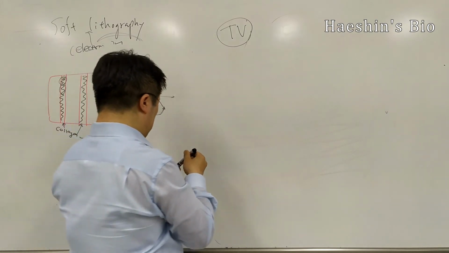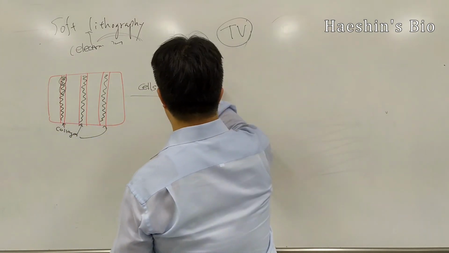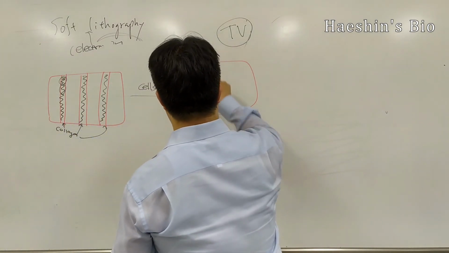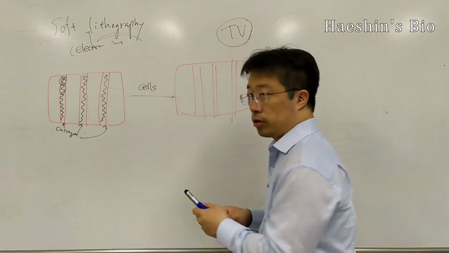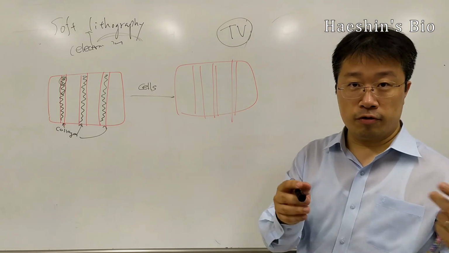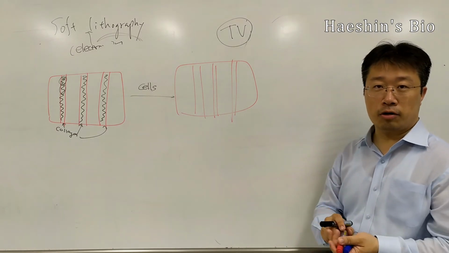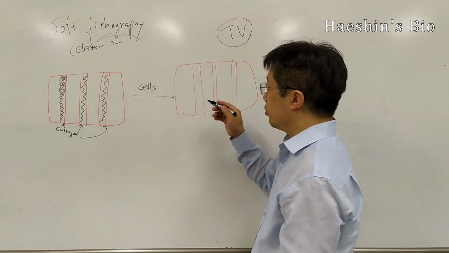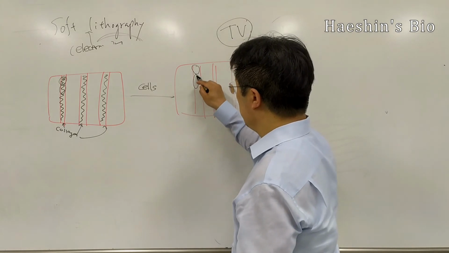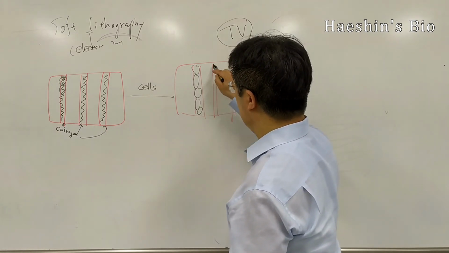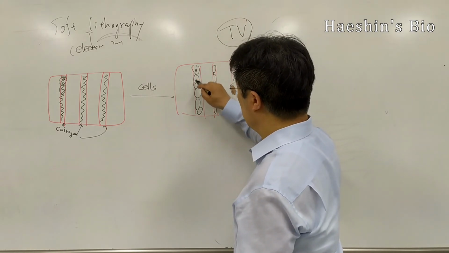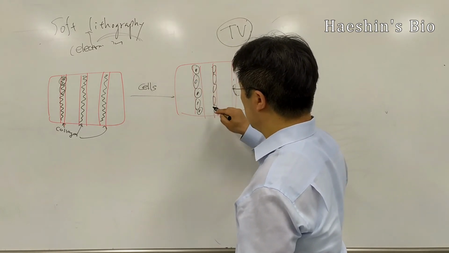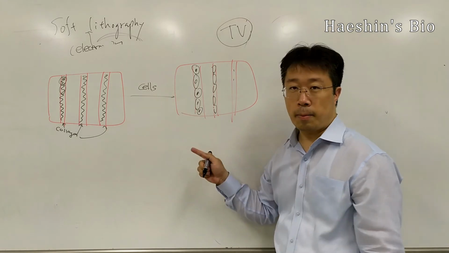I'll draw it again, for example. Cells recognize the protein; if you forget, go back to the mammalian cell culture part. Cells recognizing protein grow there like this, not going this way.